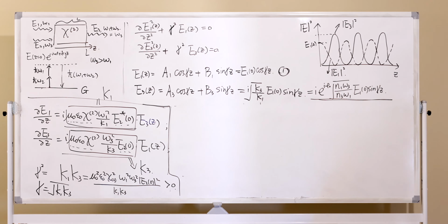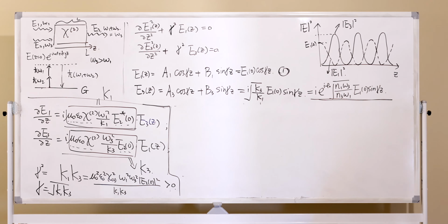Then what this process typically does is that when you generate a difference frequency photon at omega 2, you also generate a photon at omega 1, and E1 and E2 increase at the same time. And you can already guess that the differential here must be proportional to the field E1 and the field E3, right?